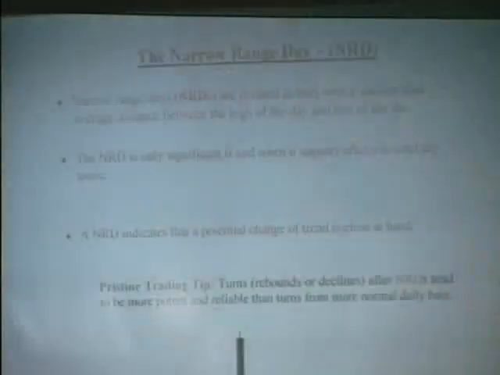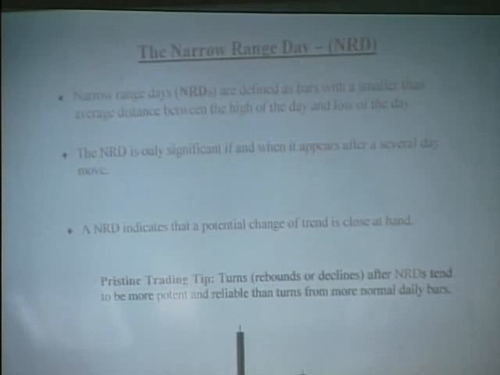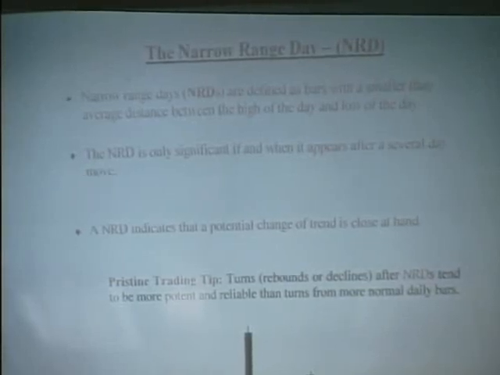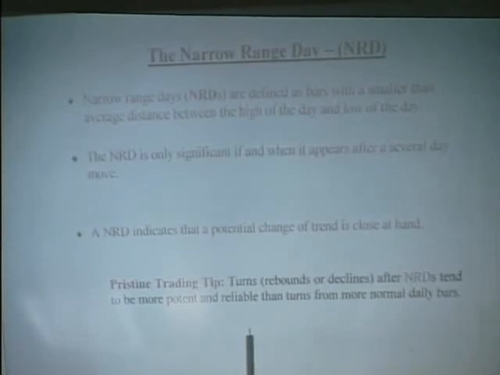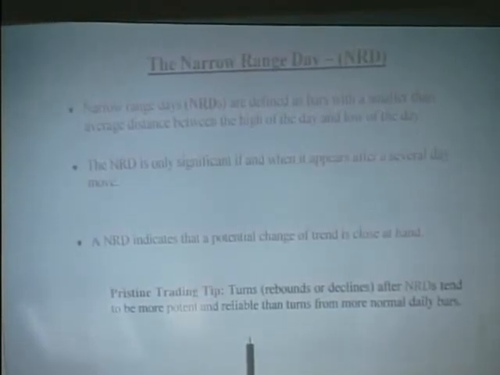And a narrow range bar in general is simply this. The distance between the high of the bar and the low of the bar is smaller than, let's say, the last 4 to 5 trading sessions. That is a general or generic definition of a narrow range bar.